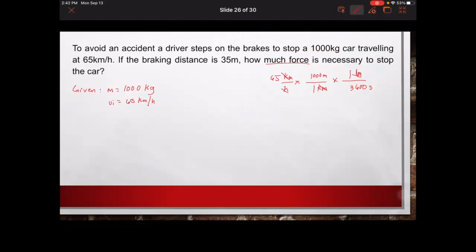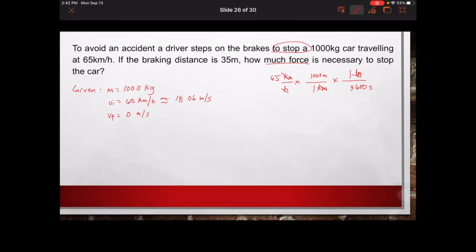What's the answer? 18.06. This is 18.06 meter per second. Now, what is our VF? This will be 0 meter per second. Kasi it will be stopped.